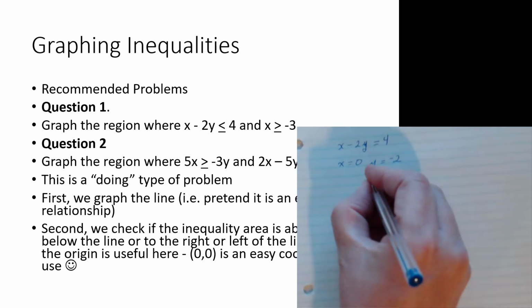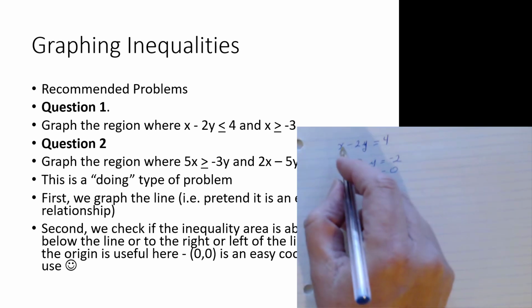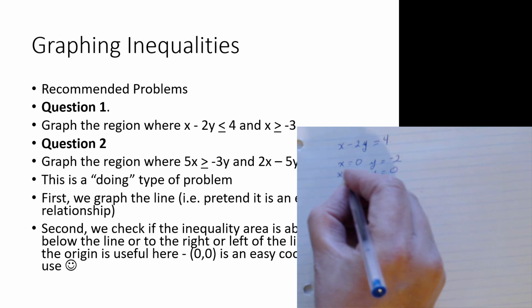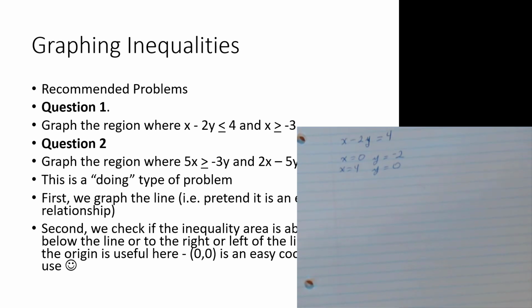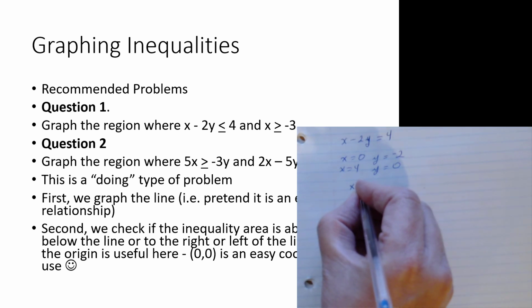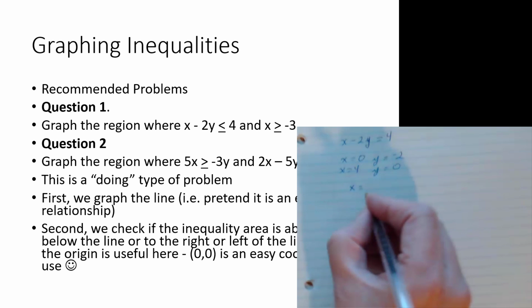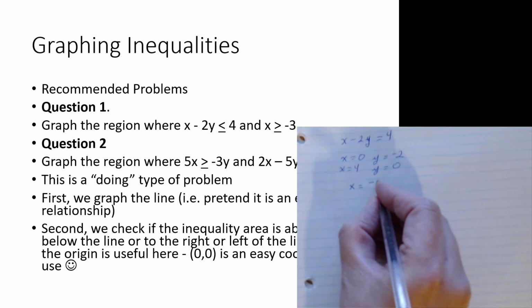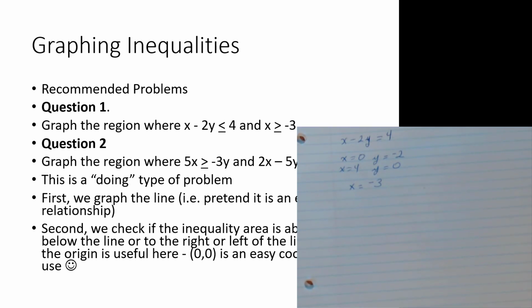And then where y is equal to 0, x is simply equal to 4. Then I'm going to look at the other formula, and the line is just where x, again ignoring the inequality, equals minus 3. Okay, that's it. We'll worry about the greater thans and less thans at the very end.